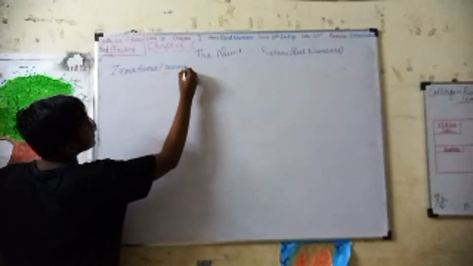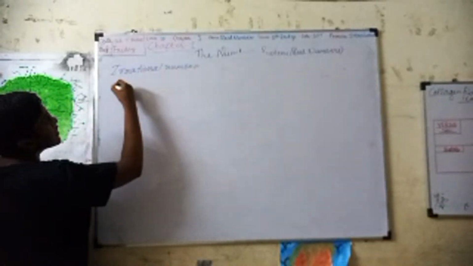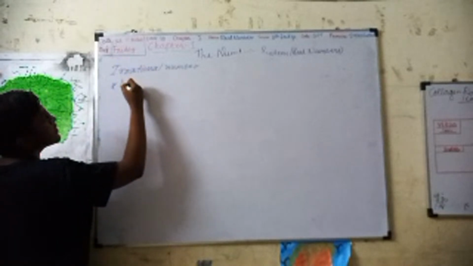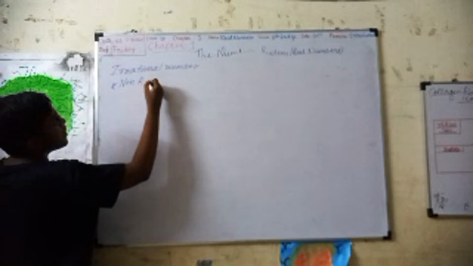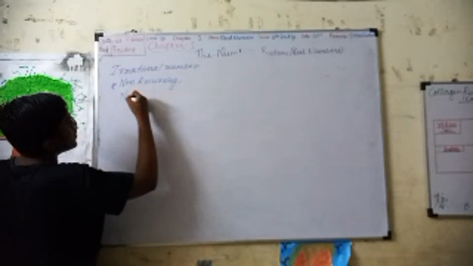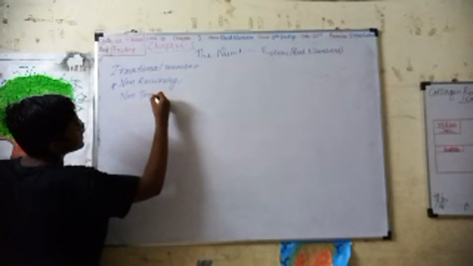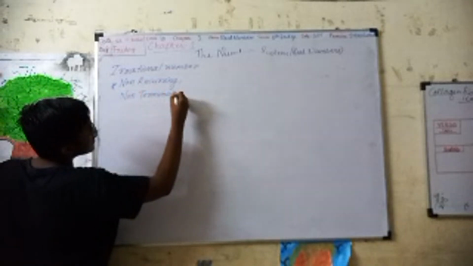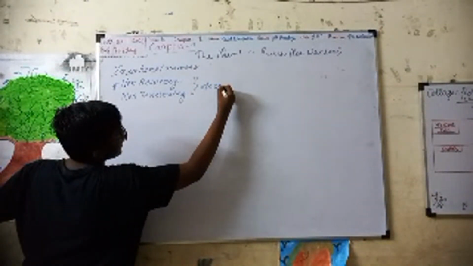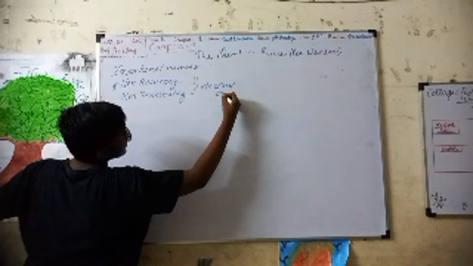See, an irrational number has non-recurring, non-terminating decimal expansion. Correct?